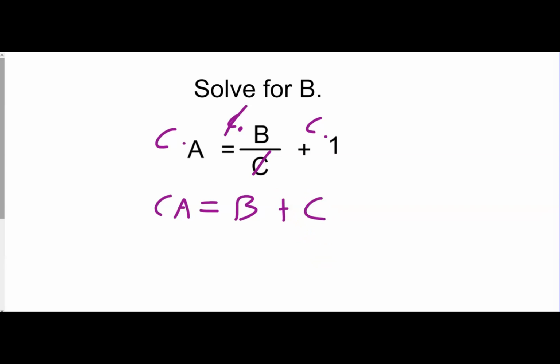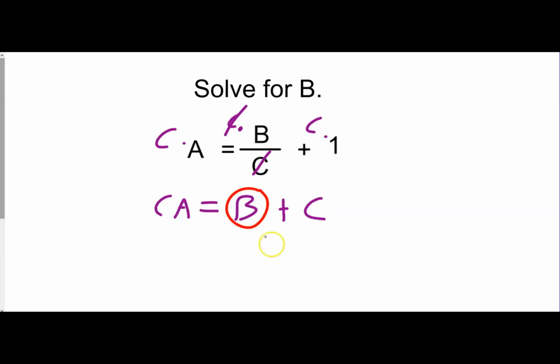Again, here's the cool part. This is what we want. Is it already isolated on one side? You bet. Do we have to do any GCFs to this? No, because there's only one B. So all we've got to do is get rid of the other stuff that's around it. Now this one is a little different than step 4. Normally step 4 is dividing, but what's going on between the B and the C?